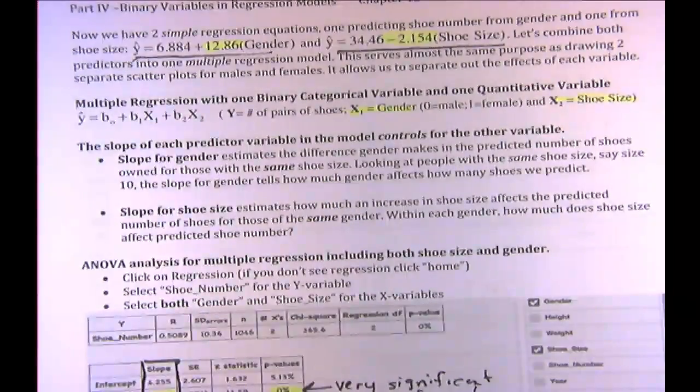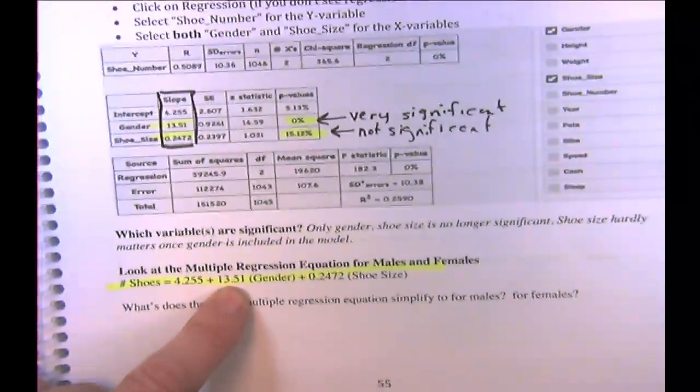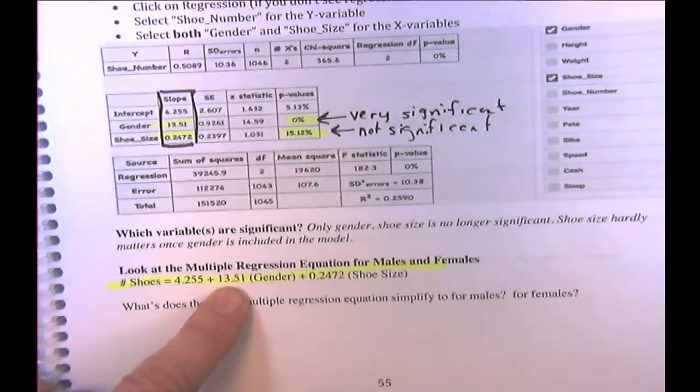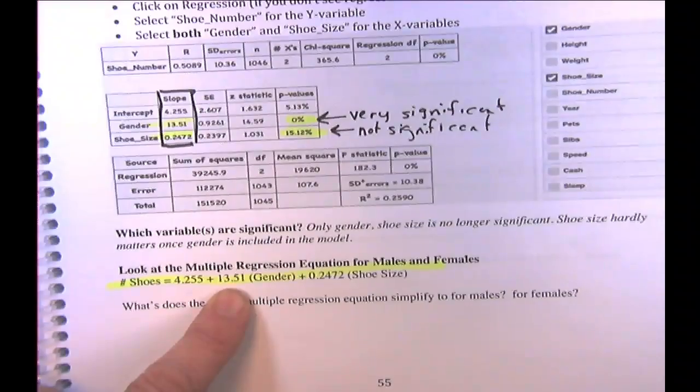So if you look at males and females who both have size 10, right? This effect of gender is very strong. It says for the same shoe size, you're going to have 13.51 more pairs of shoes on the average for girls than boys. So that's why that's a big effect.